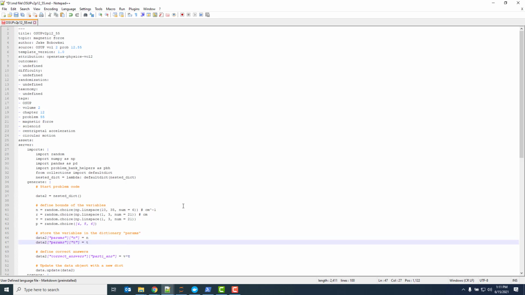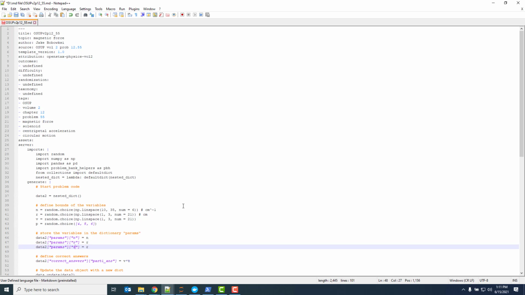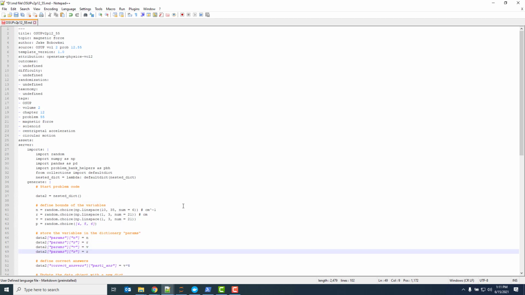Likewise, we'll have a radius, and I'll copy this. We'll have the coefficient of the speed, and we will have the power of 10 for the speed.